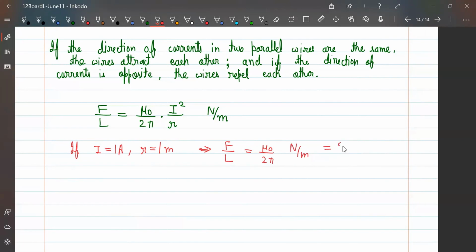That will be 2 into 10 raised to minus 7 Newton per meter.